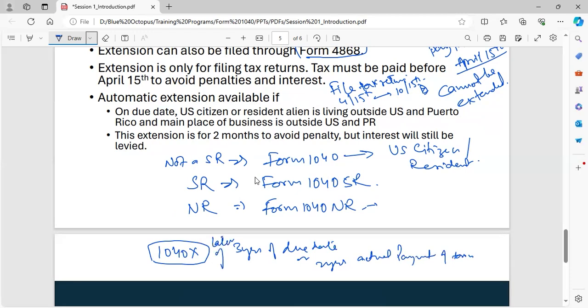So within 3 years of due date or return filing, or 2 years after actual payment has been made, you can file this 1040X to amend. So within this period, you can amend your tax returns.